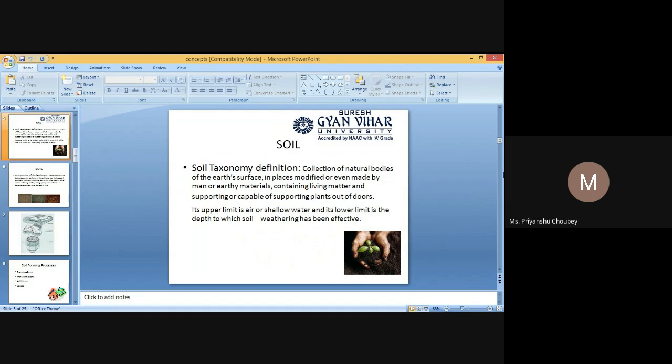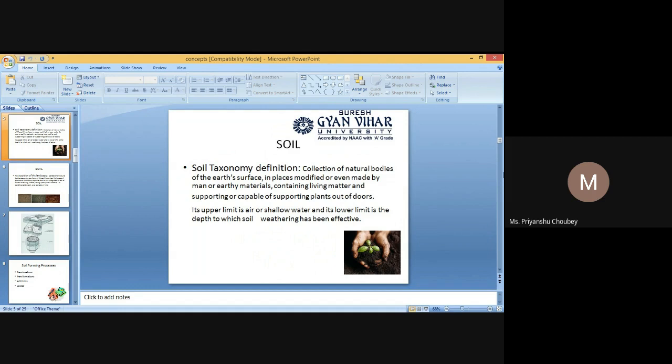Second one is prismatic. In prismatic structure, the peds are elongated more in the vertical than in the horizontal direction, giving a column-like shape. Vertical cleavage planes are predominant.